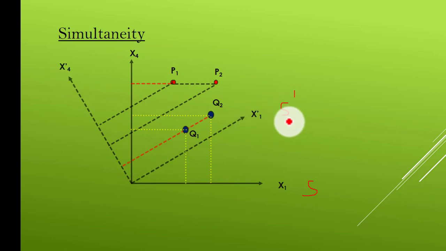As I told you earlier, in Minkowski space a frame of reference which is moving with velocity v is represented as rotated by some angle. So here this is the S prime frame of reference.